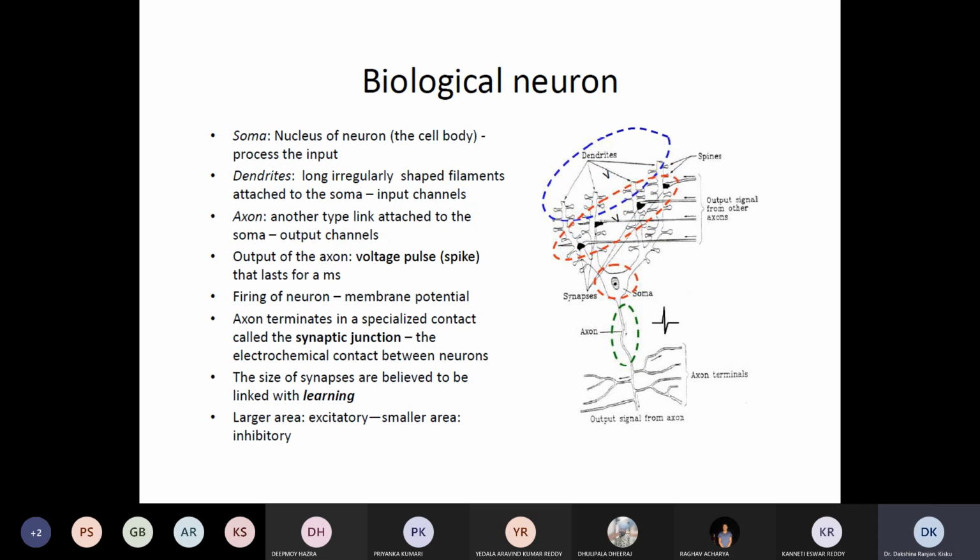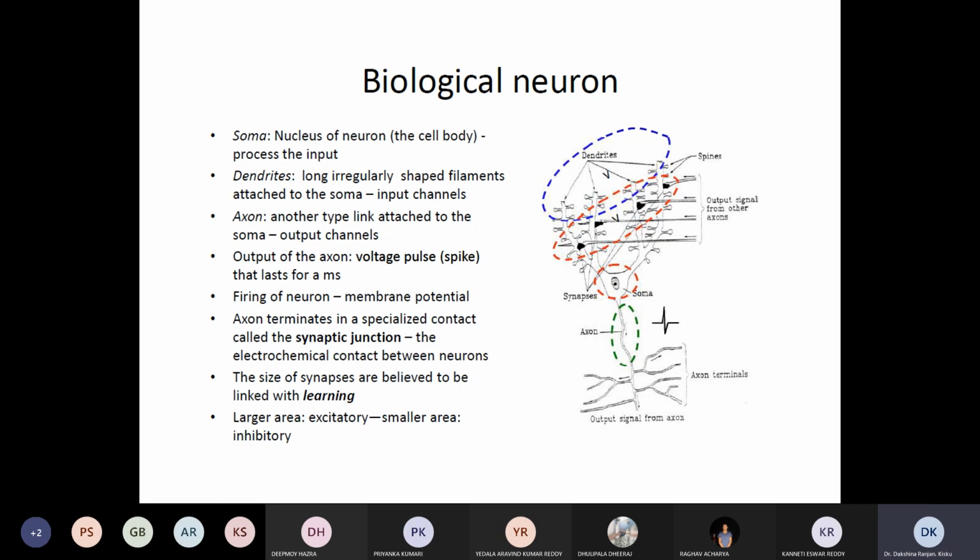Okay, so we can also see the dendrites. Dendrites are long irregular shaped filaments attached to the soma. Okay, this is also known as the input channels through which the information flows. Okay, and we can also see the axon. This axon is another type of link which is attached to the soma or cell body. Okay, this is also called the output channel.